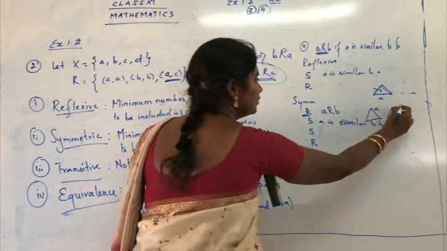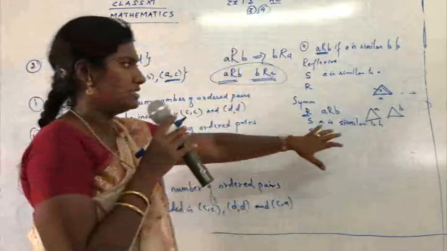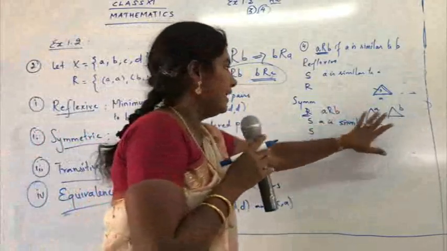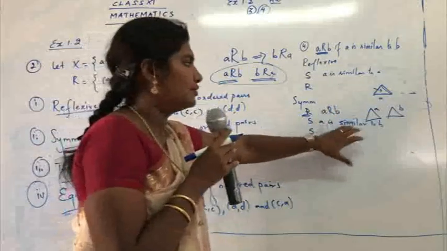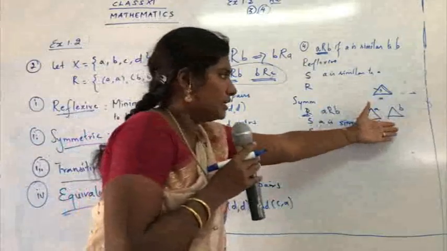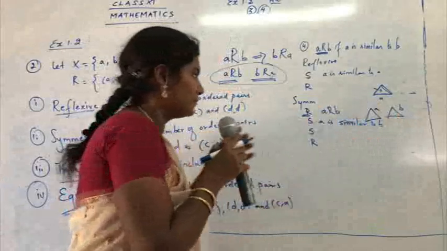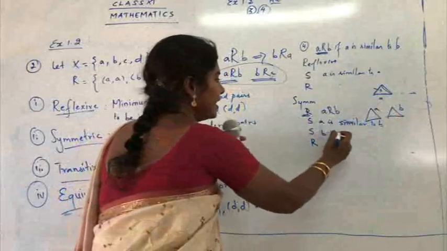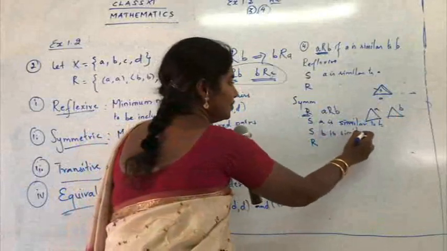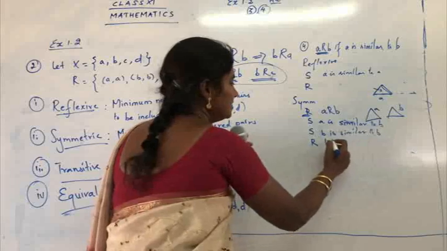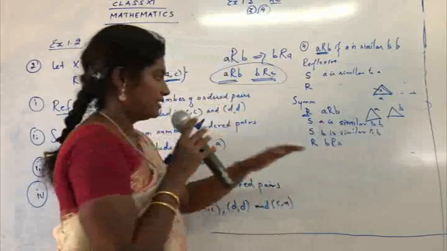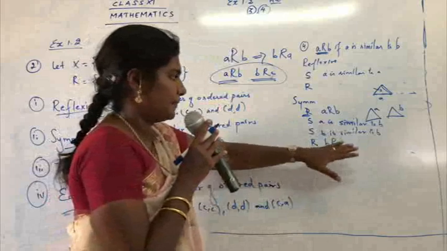They are saying that we have two triangles, one is A, one is B, and the statement is A is similar to B. If A is similar to B, what about B and A? Of course, B is similar to A. So what do you say? B is related to A. So we say here, R is symmetric.